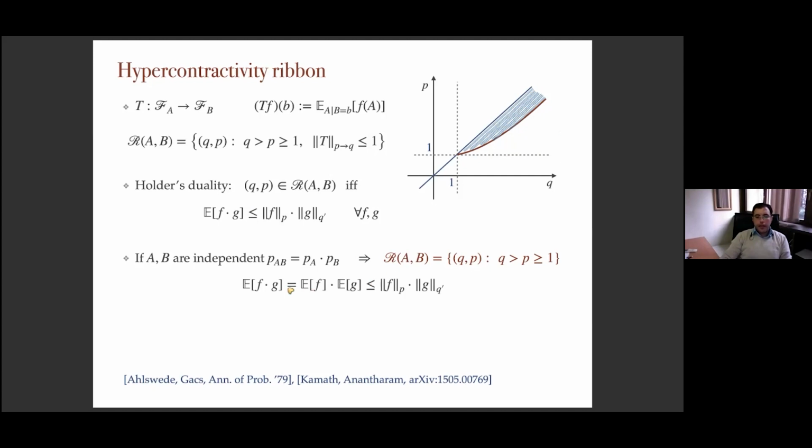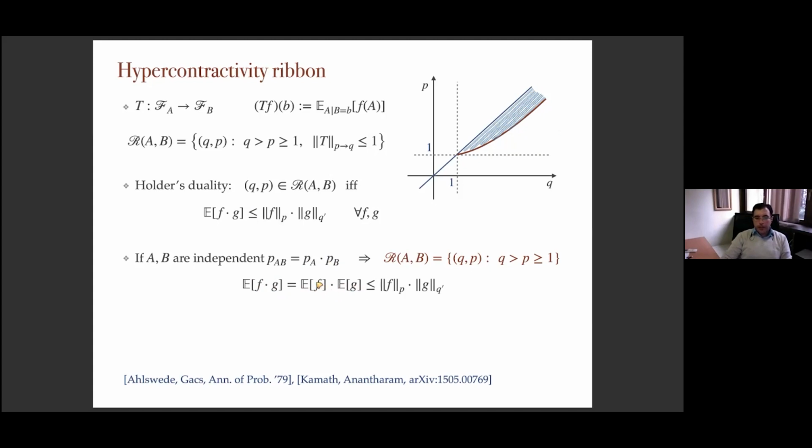Why is it the case? Because, as before, it's a product distribution, so the expectation of FG would be the expectation of F times the expectation of G. And remember, one reasoning for the expectation of F is the Holder inequality. There are other reasonings for that as well.